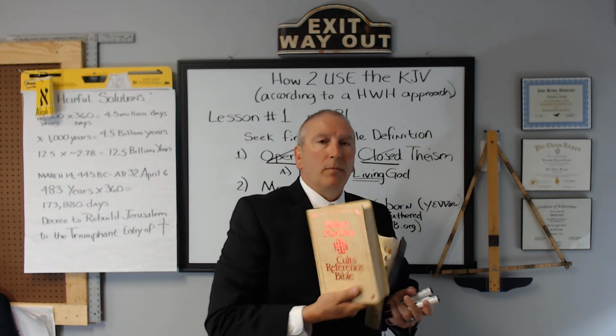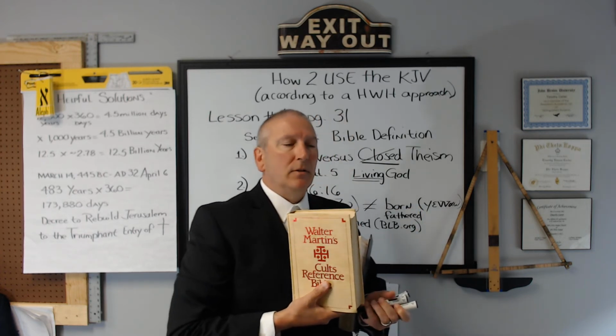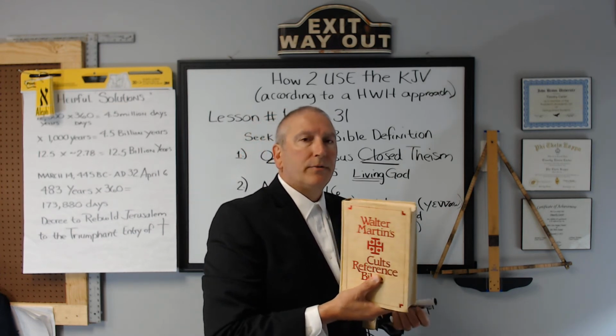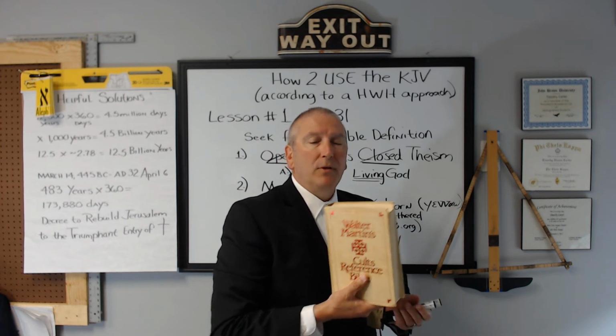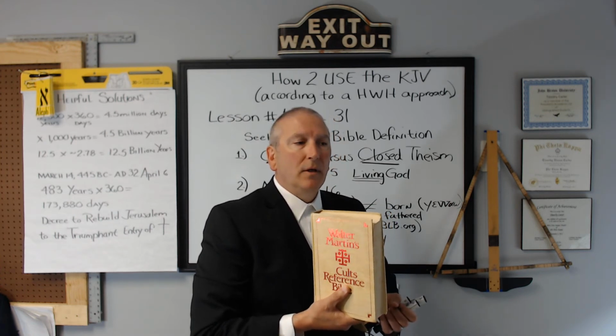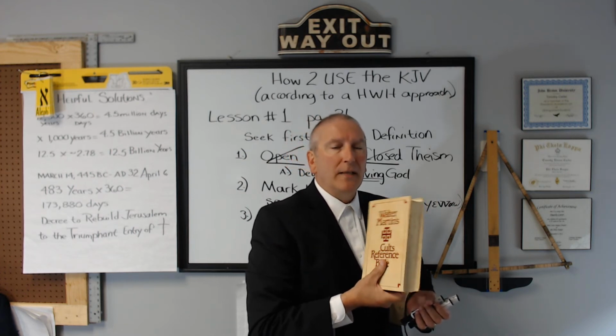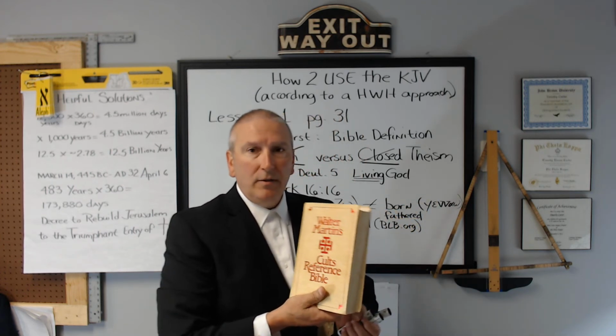So Dr. Walter Martin, an early Baptist apologist, was noticing that these occultic groups were abusing the King James Version of the Bible to twist the very scriptures. So he was calling the King James Bible scriptures. That's back when we were free to do that.